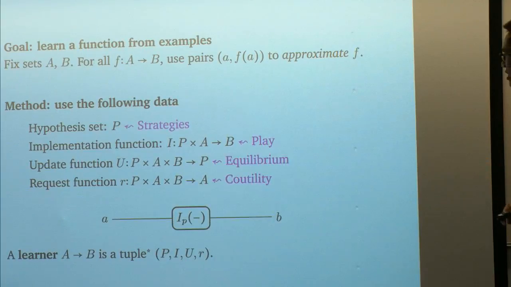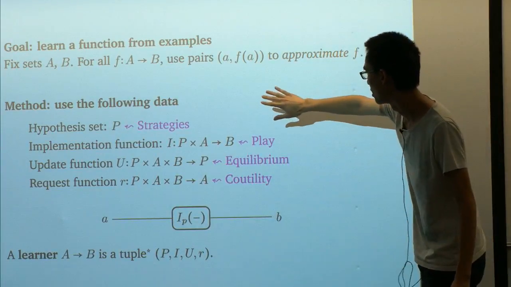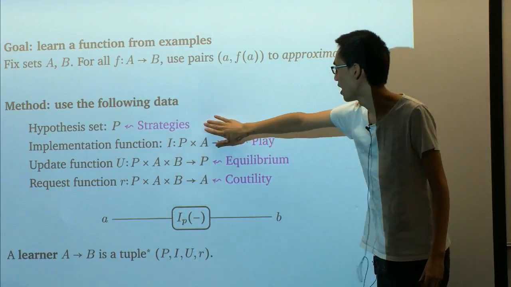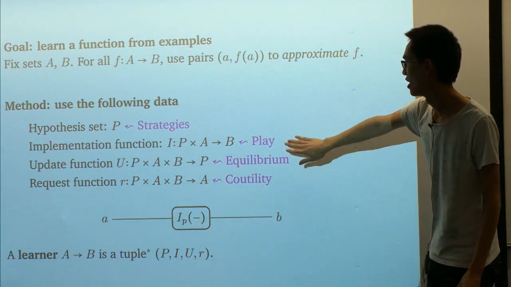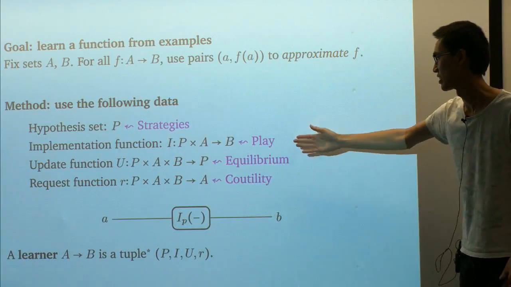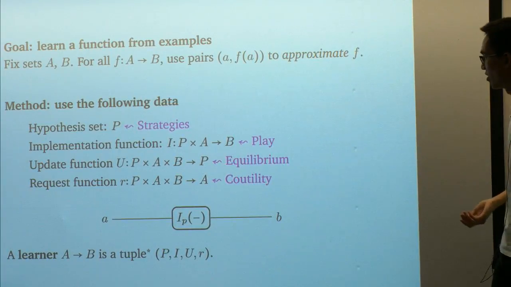But before I go there, since this is an open games workshop, maybe this will help orient you with respect to this data. So there's a rough analogy, which we'll come back to briefly, but to help orient you, we think of P as somewhat like the set of strategies. The implementation function has exactly the same type as this play function.